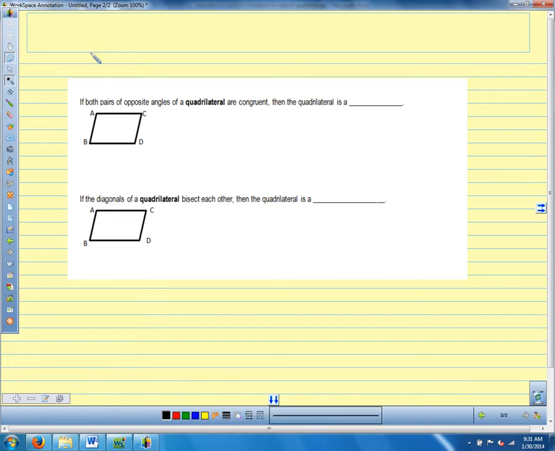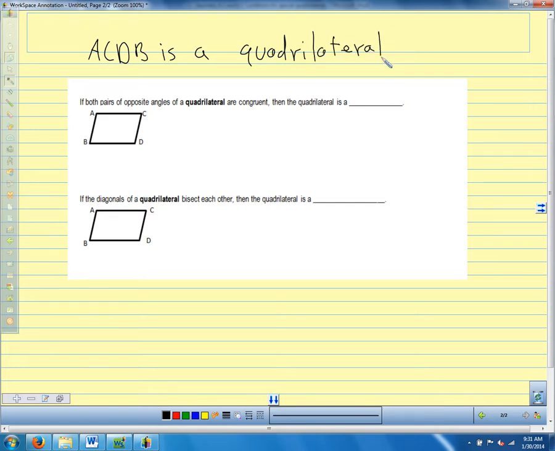We start knowing that ACDB is a quadrilateral, and that's true for all of these. That's all we know to start with. So the next theorem tells us if both pairs of opposite angles of a quadrilateral are congruent, then the quadrilateral is a parallelogram.